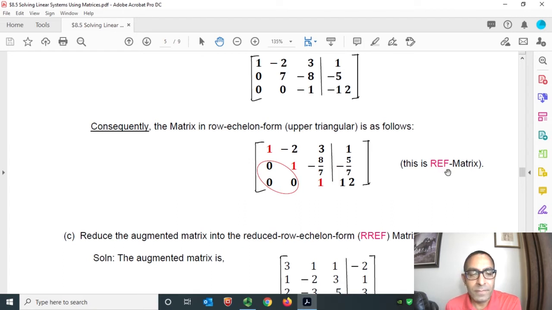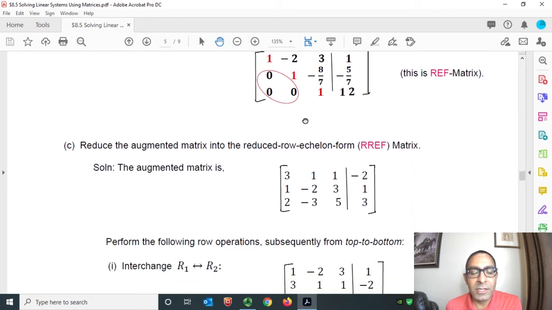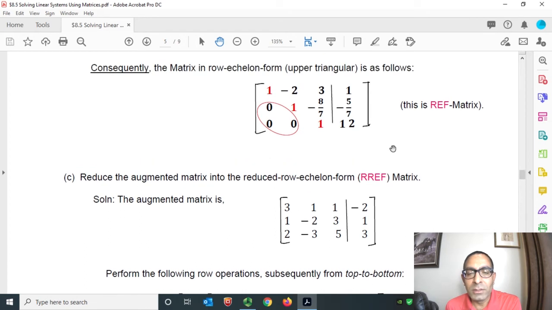We're done. So now in part C, reduce the augmented matrix into the reduced row echelon form, or RREF form. To begin the solutions, so now in RREF we want the diagonal entries 1.